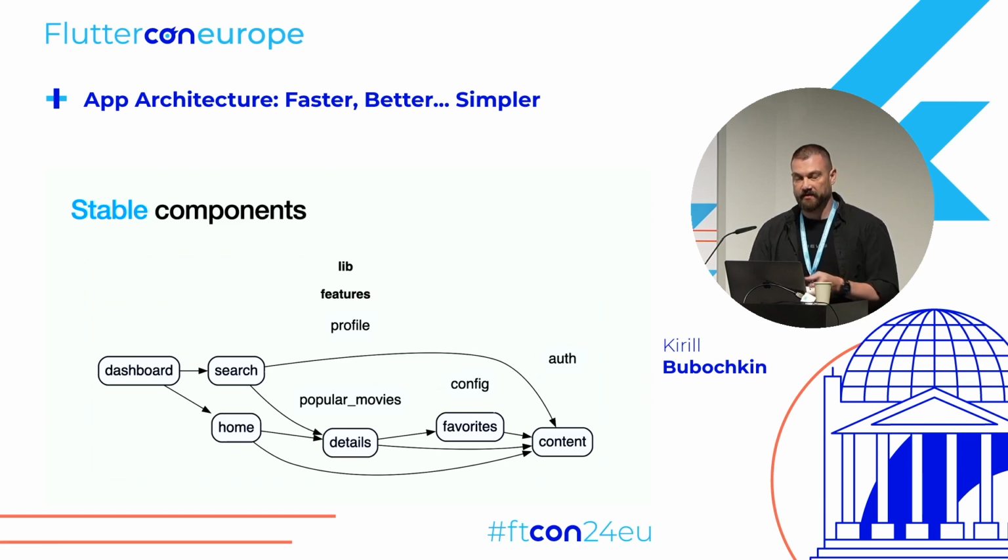So if you plan some big refactoring of the content module, you'd better be prepared to change half of your app. And this is what's usually called a stable component, something where we don't want the API to change a lot and to change frequently. And it's also independent because it doesn't depend on anything else.